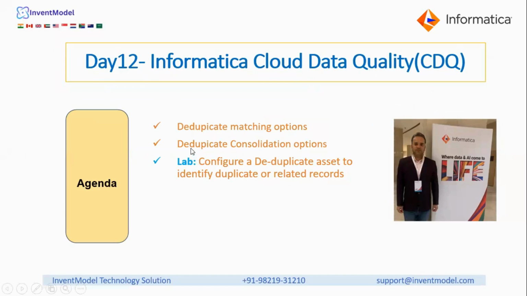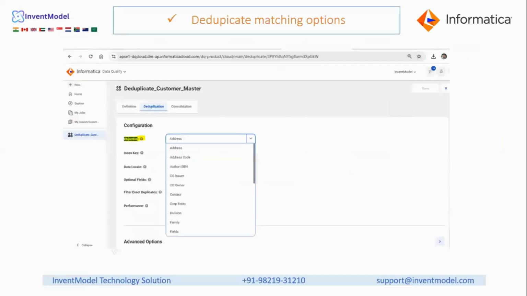And the second agenda is that in deduplicate asset, we do have consolidation options. We do have multiple consolidation options, so we will try to explore all of them. In between, we'll do the lab for testing whether those options are working or not working. We have collected some screenshots so that it will be easy for us to understand.